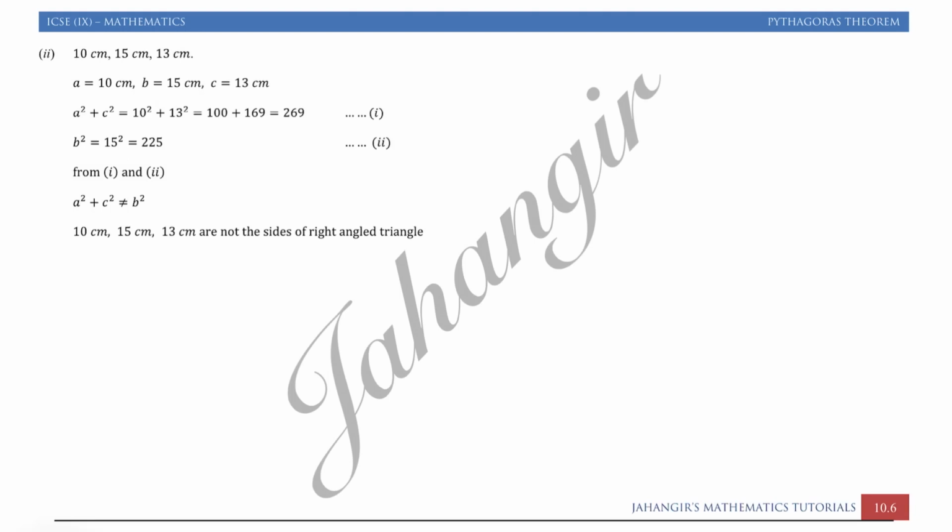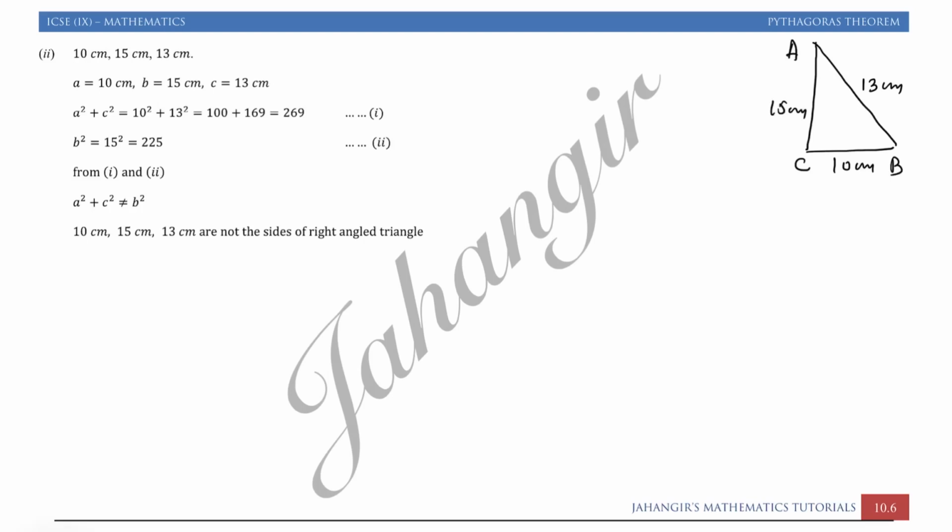Second sub question of the same main question. Here we will take the same pattern, C, A, C, B, where C is given as 13 centimeter, A is 10 centimeter, B is 15 centimeter.